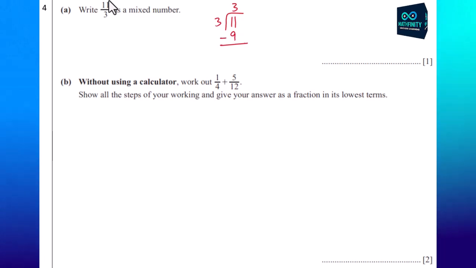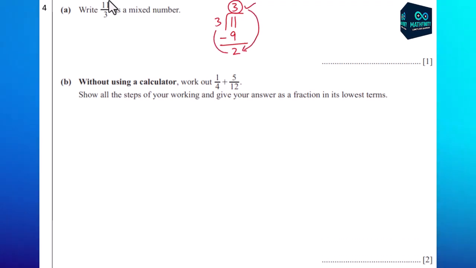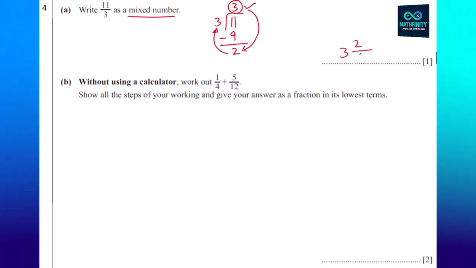After subtracting, what we will get? 2. So I already told you we have to start from the top, 3 whole, and we have to move clockwise, 2 over 3. Okay, so 11 over 3 as a mixed number is 3 whole, 2 over 3, and you will get 1 mark.